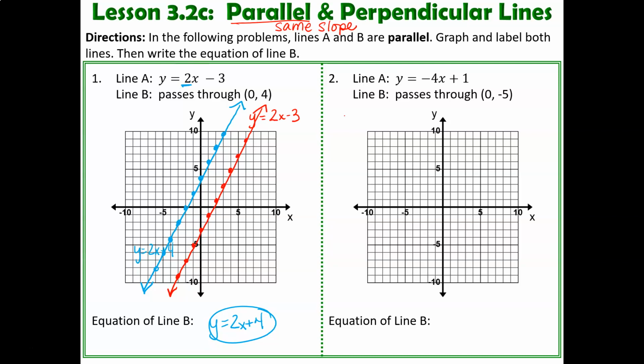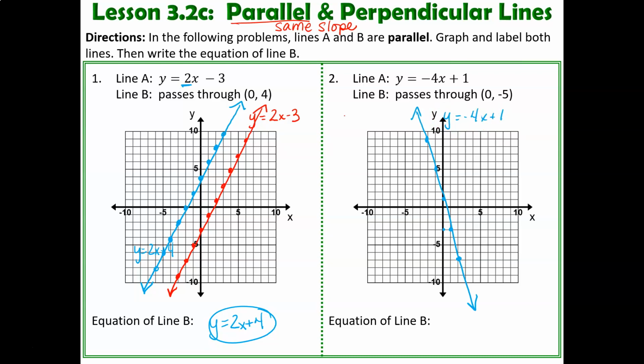So we know that number 2 is also parallel. So let's graph y equals negative 4x plus 1. Okay, so there's our first line. So I have y equals negative 4x plus 1.